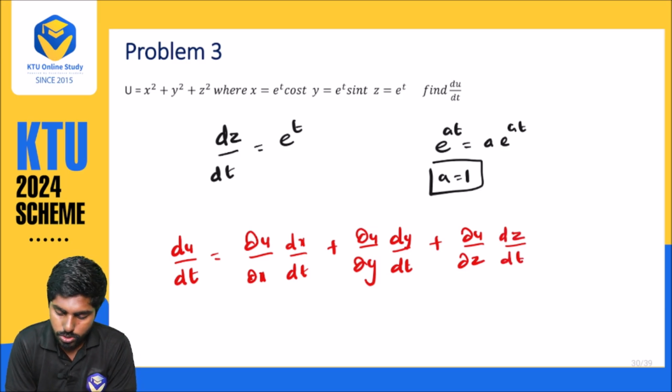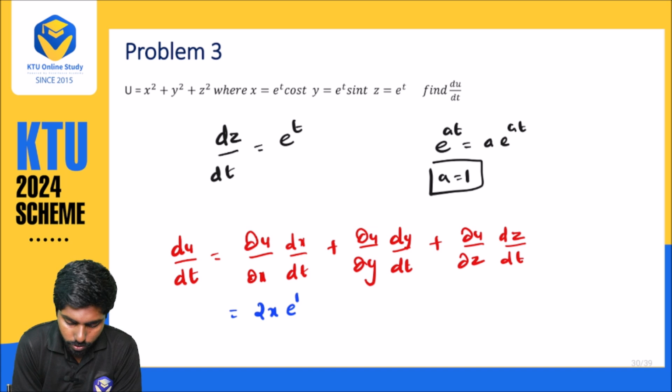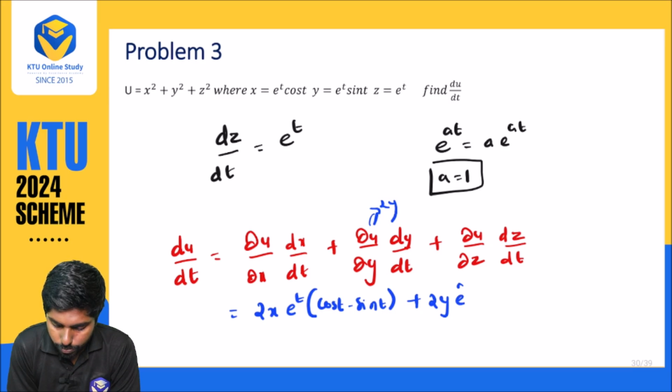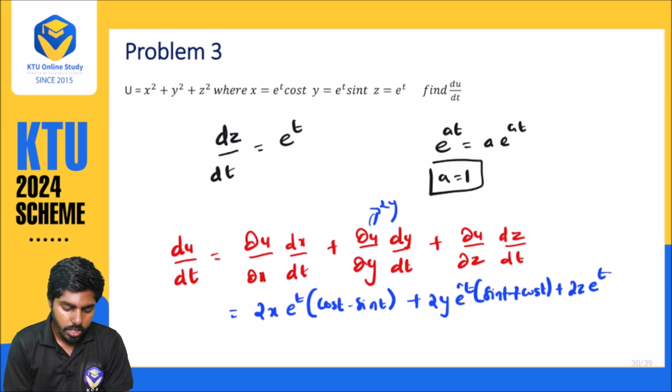Just substitute the values. So we will be getting dou u by dou x is nothing but 2x, dx by dt is nothing but e power of t into cos t minus sin t, plus dou u by dou y, which is 2y, into e power of t into sin t plus cos t, and here 2z into e power of t.